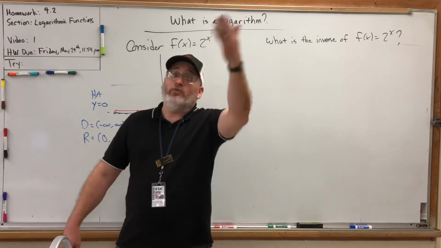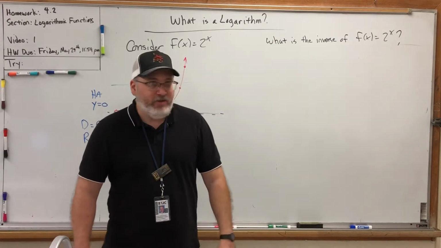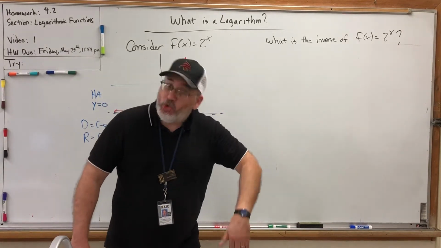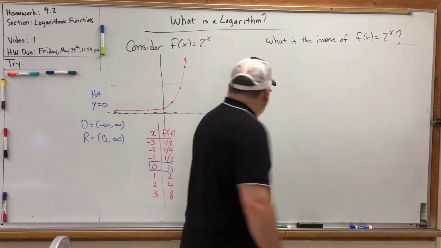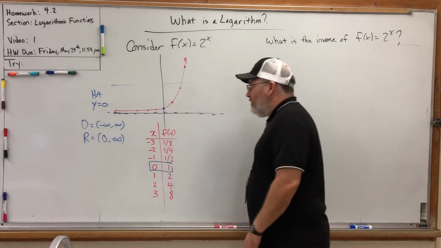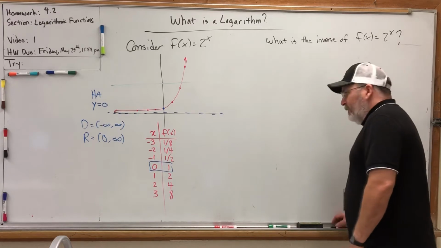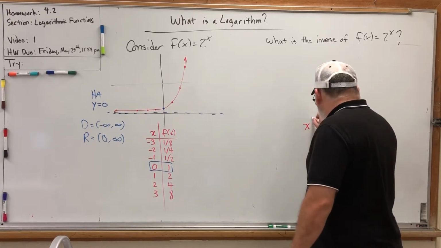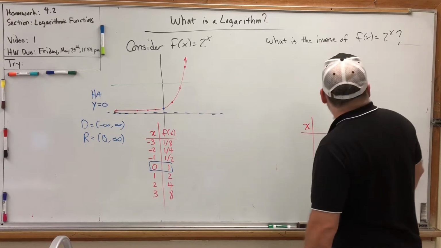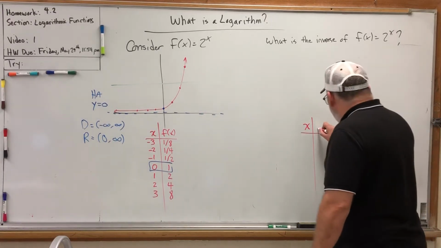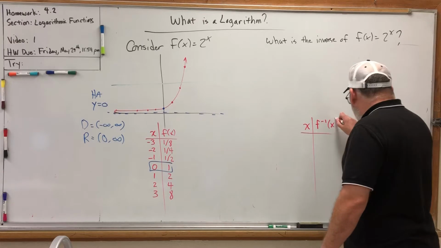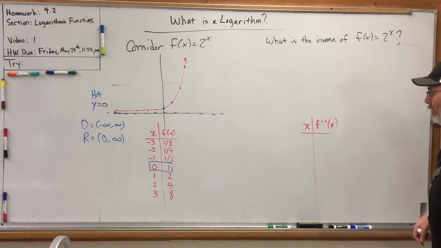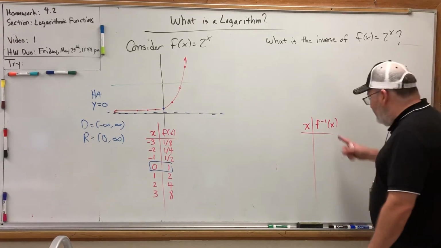So f of x equals 2 times x, and g of x equals x divided by 2. Those would be inverse functions. This graph, passing the horizontal line test, has an inverse function. So what is it? Well, I know what the values are supposed to do. Let's call this exactly what it is, f inverse of x. I know what this inverse function is supposed to do.